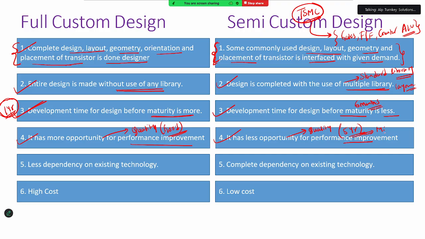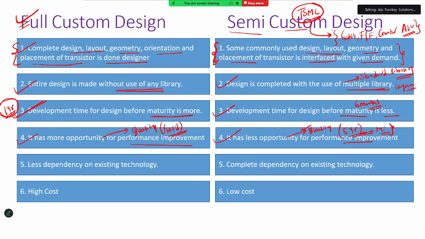At that time I had no idea what mobile I needed to purchase, so I purchased a semi custom design mobile. Now after 3 to 5 years, I got the problem. Now I know what full custom design and semi custom design are, so next time I will go with full custom design only. I can purchase a Samsung mobile or an iPhone, because I know the problems in semi custom design, how they are preparing.